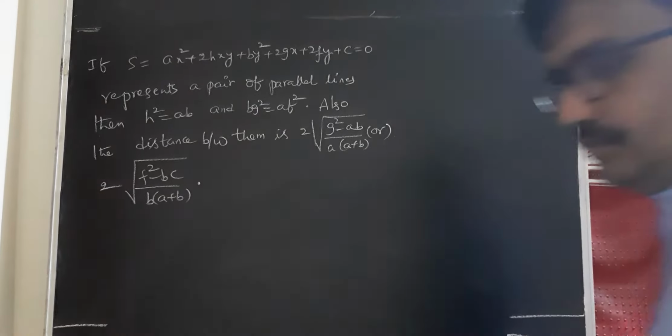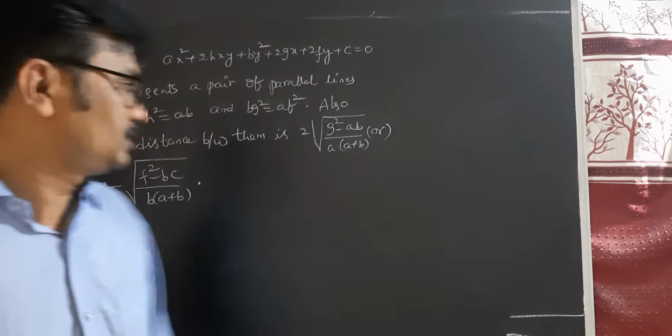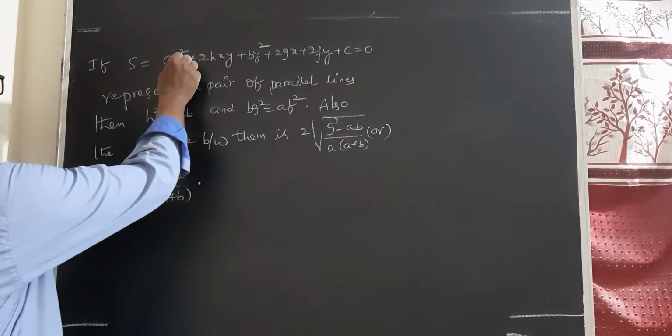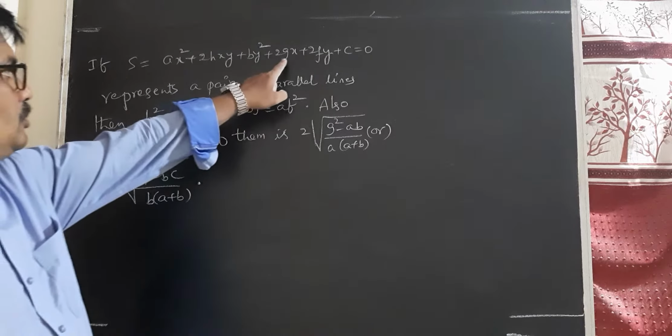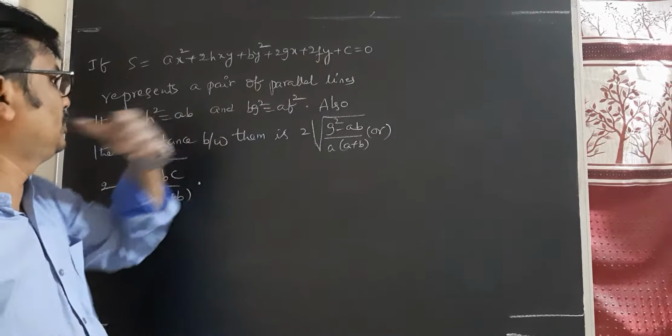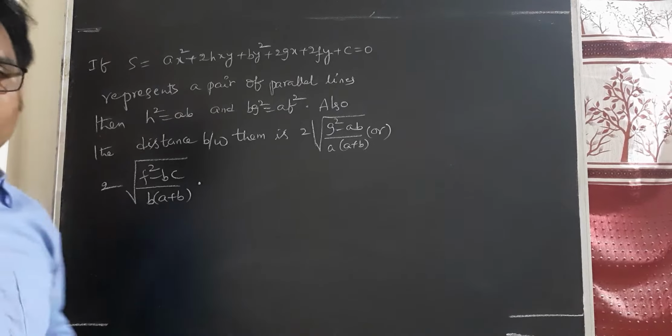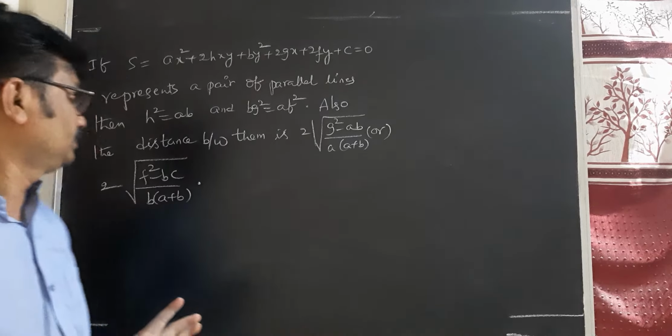Dear students, here the equation S equal to ax square plus 2hxy plus by square plus 2gx plus 2fy plus c equal to 0 represents a pair of parallel lines.